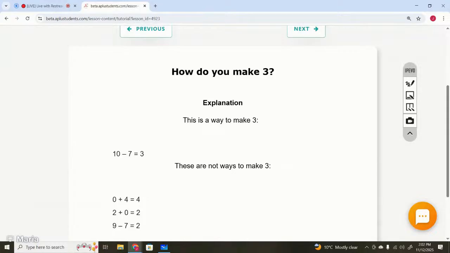The correct option is 10 minus 7. 10 minus 7 equals 3, right? So the only option that can make 3 is 10 minus 7 equals 3.